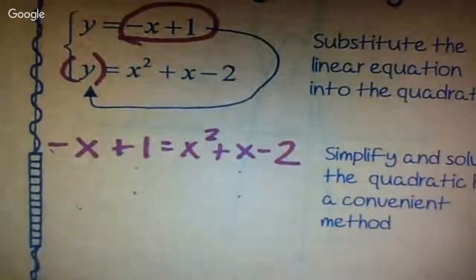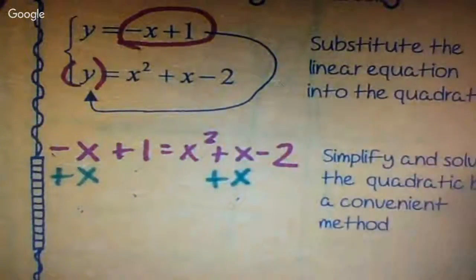You remember this now? It's clicking. In order to solve this, I need to set it equal to 0. My suggestion is to keep your x squared positive, so I would move everything to the right-hand side. When I do that, my negative x becomes positive x.